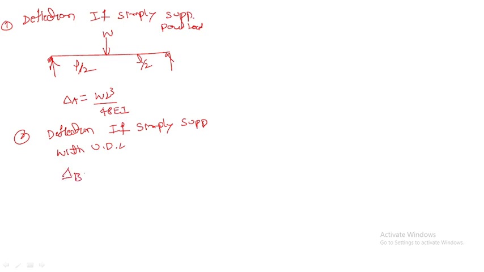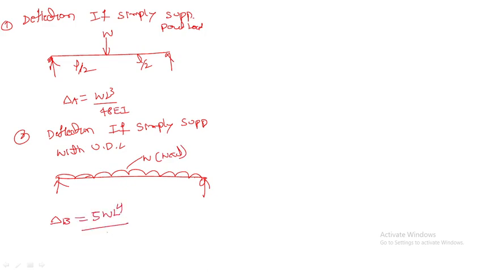We can write delta B. Sorry, we will draw the diagram so that you can understand very easily. So this is the UDL, W into L. So delta B is equal to 5WL raised to 4 divided by 384 EI, right? So the 5WL cube divided by 384 EI.